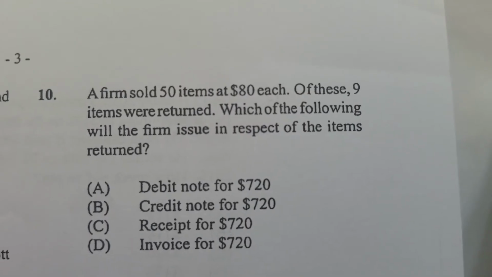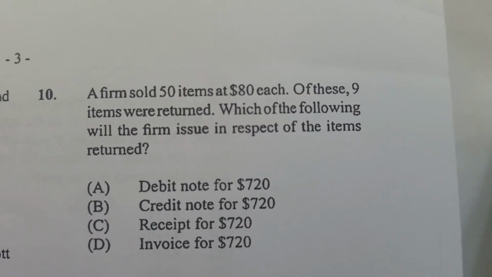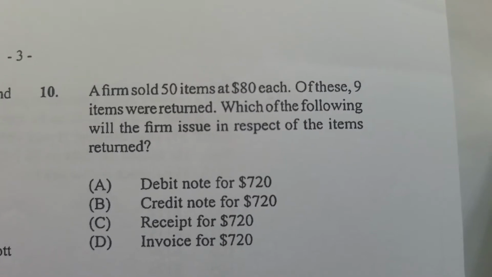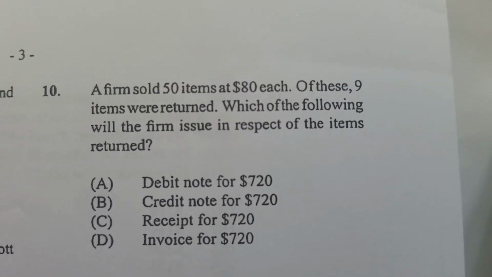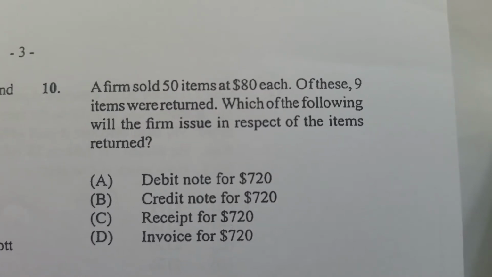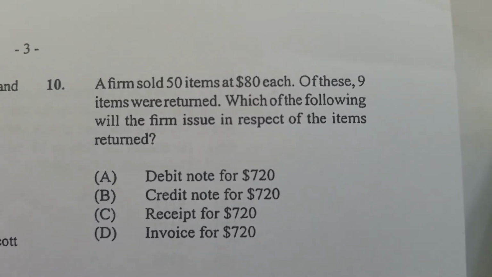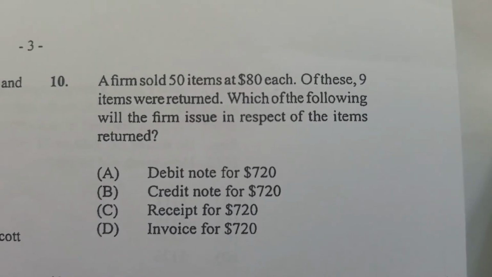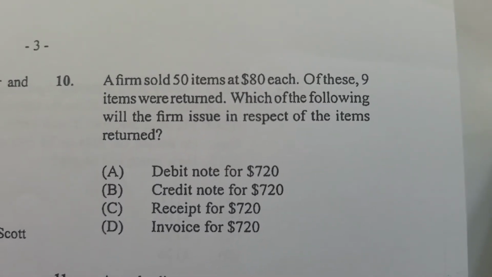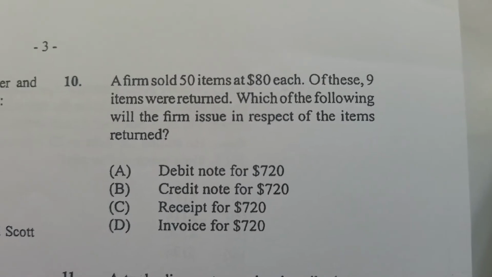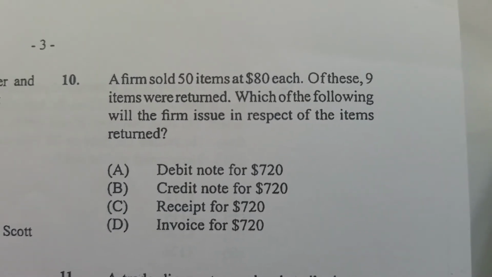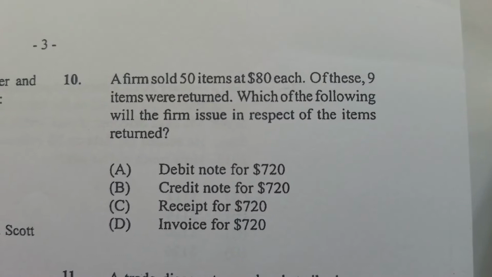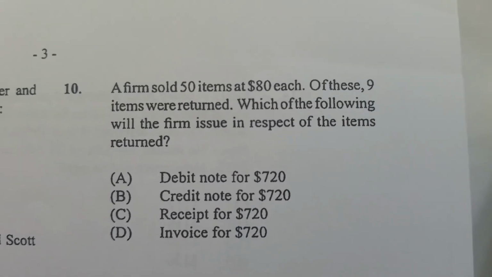A firm sold 50 items at $80 each. Of these, 9 items were returned. So that would have been the customer returning it to us. So it is returns inward. And once return inward is taking place, we're going to be using the credit note. So the most appropriate answer would be B.